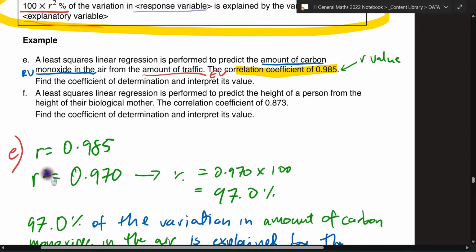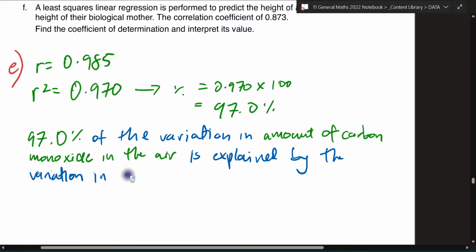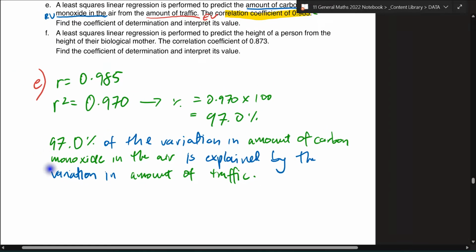The EV we determined was amount of traffic. And that's essentially how you interpret your R squared value.